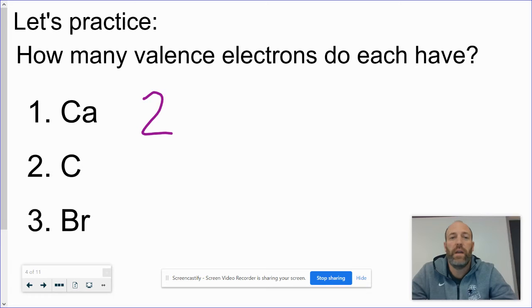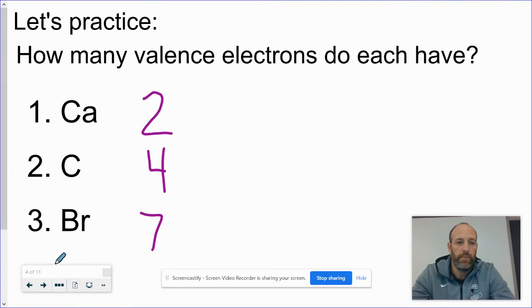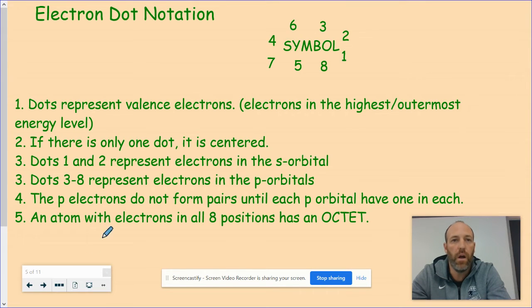Calcium has two valence electrons. And then carbon. Carbon has 4 valence electrons. And then finally, bromine. Bromine has 7. All right, moving along.